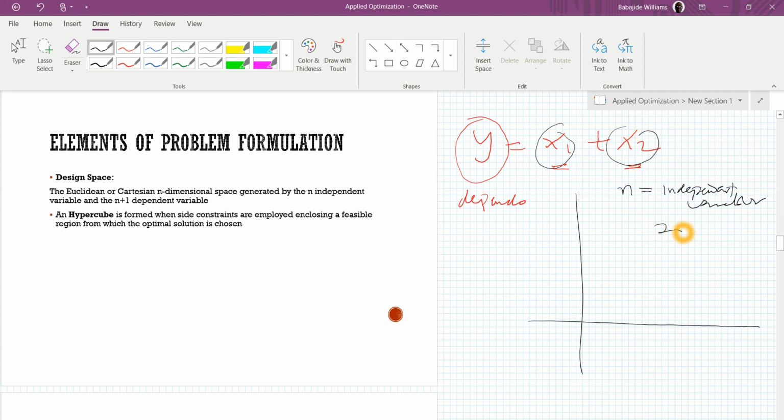In this case there are 2, so this is my x1 and this is my x2. My y depends on them, so my y must of necessity be the n plus 1 dependent variable.